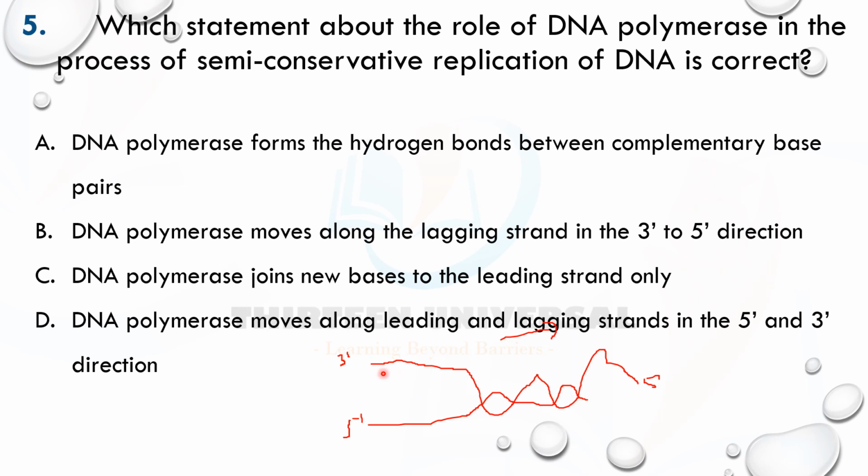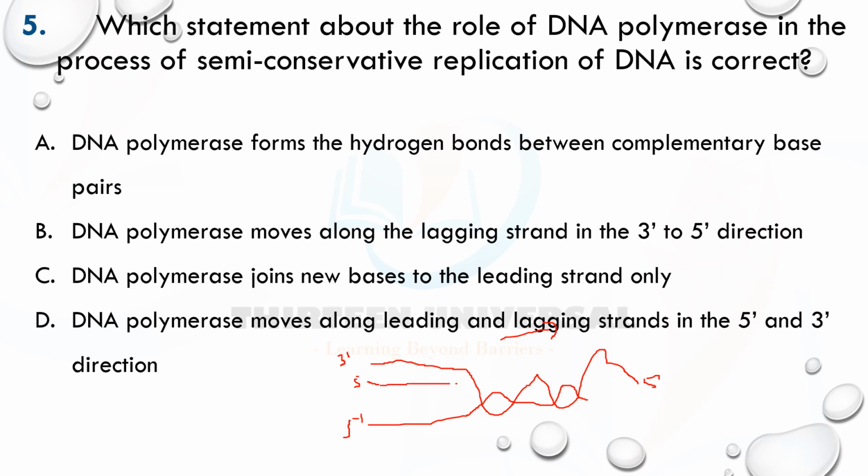So you see, the replication copies these two template strands, but the template strands are copied in the 3 prime to 5 prime direction. So if I want to make this one the leading strand, I'll copy, starting with 5 prime, and it's going to move towards 3 prime.